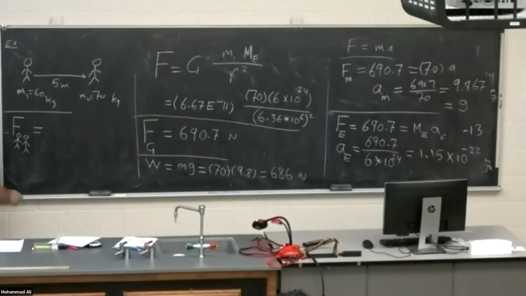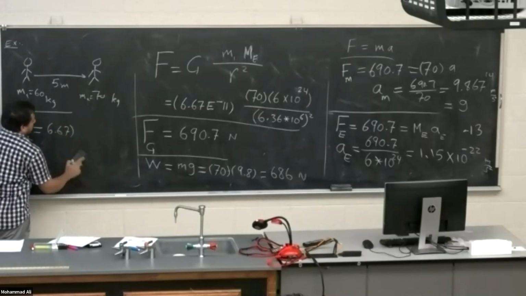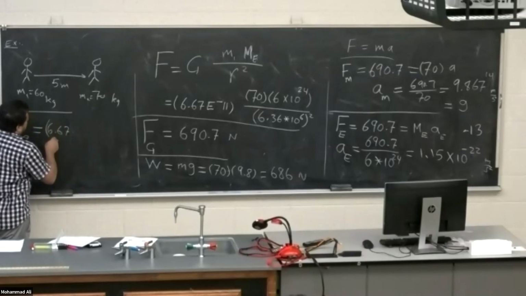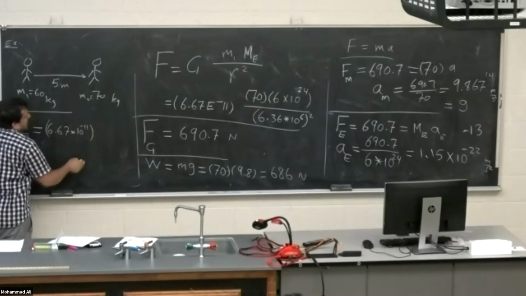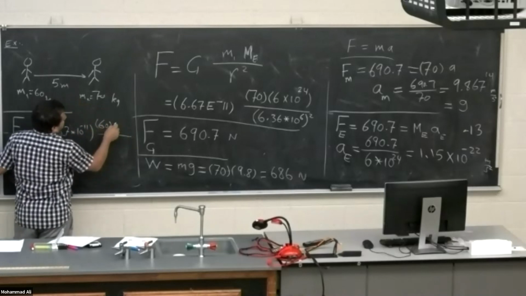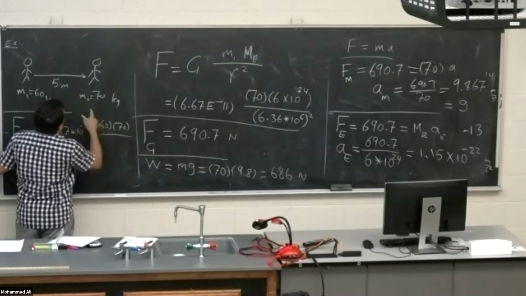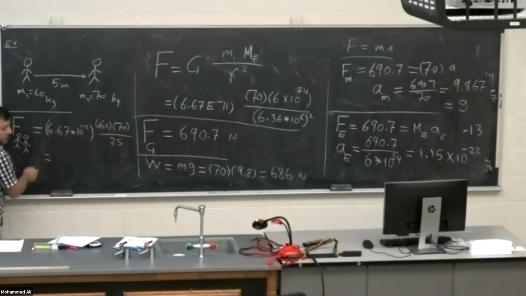It is equal to G, 6.67 multiplied by 10 to negative 11, multiplied by the masses, 60 and 70, over the distance squared, which is 25.